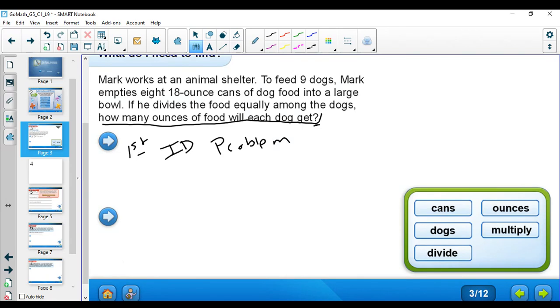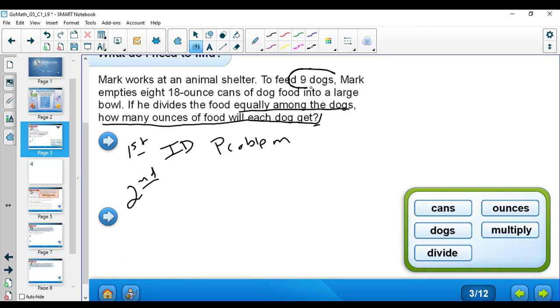Now, the second step is that we need to figure out what is the important information in this problem. What are they giving us that we're going to need to use? Well, to feed 9 dogs, he empties 8 18-ounce cans of dog food into a large bowl. He divides the food equally for the dogs. So equally among the dogs lets me know that every dog gets the same amount.